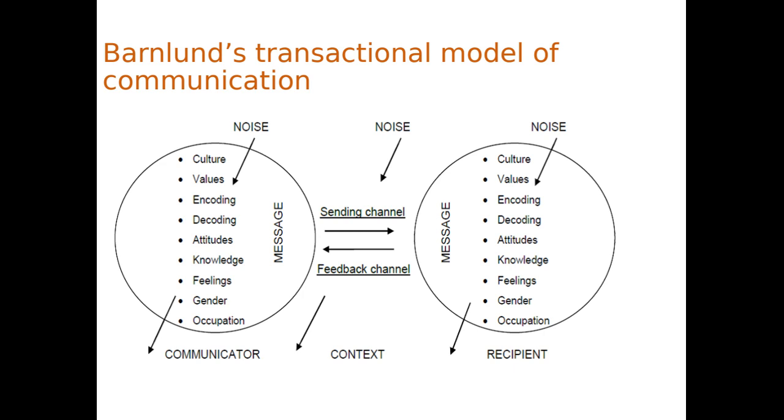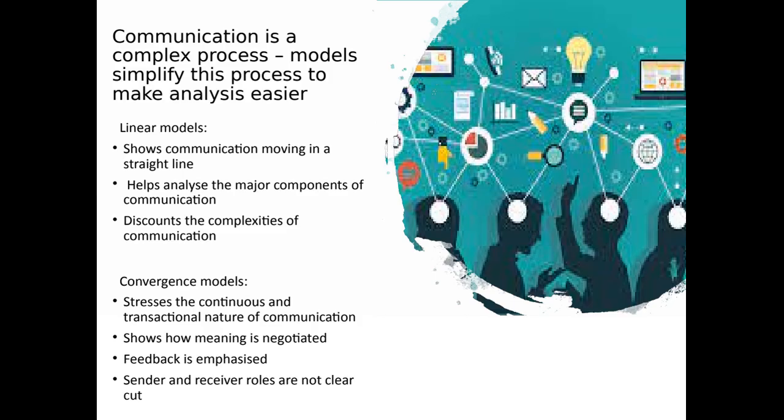So convergent models are essentially where we look at back and forth communication. So we see how communication is continuous and transactional. It goes back and forth until meaning has been negotiated. Feedback is emphasized. So we see feedback as an important part of communication.